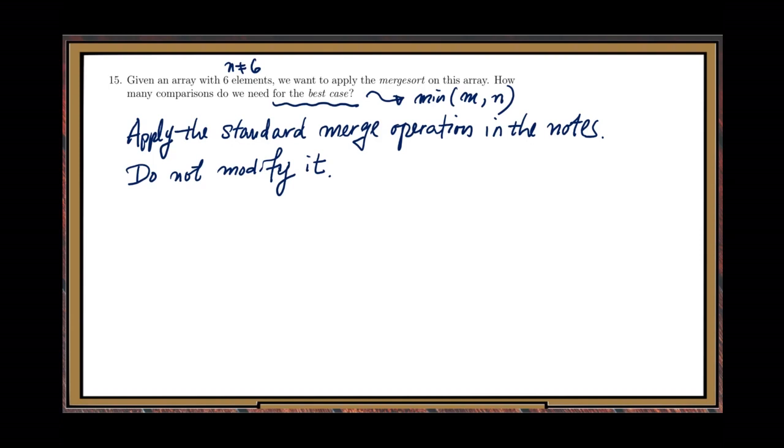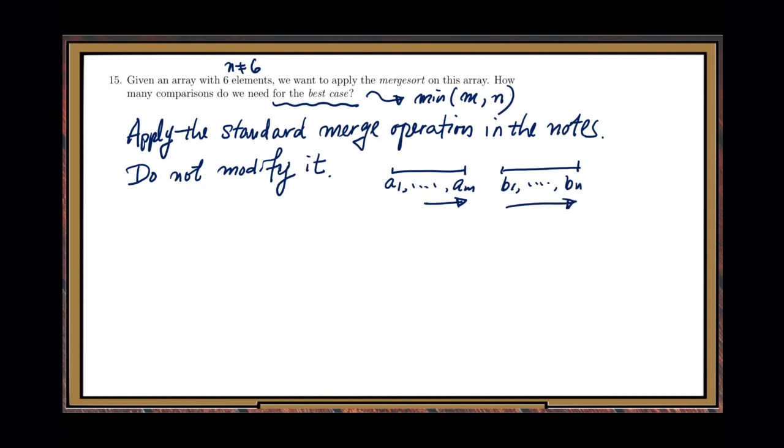For example, you have an A array, A1 to An, and another ordered array, here assumed in ascending order, the B array, B1 to Bn, also in ascending order.